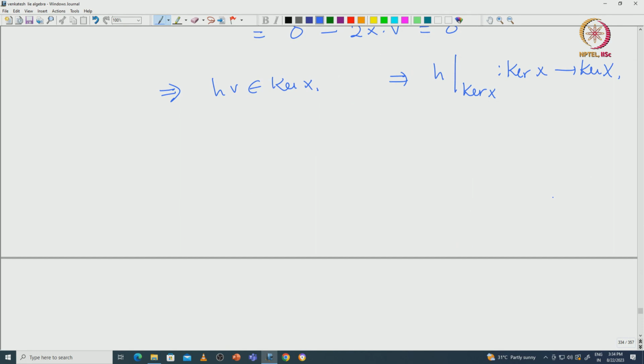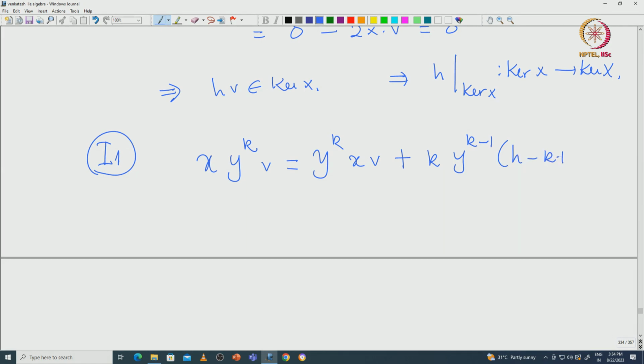First, there are two identities. The identity 1 says if you apply x y^k v, that will be equal to y^k x v plus k times y^(k-1) times (h - k + 1) v.